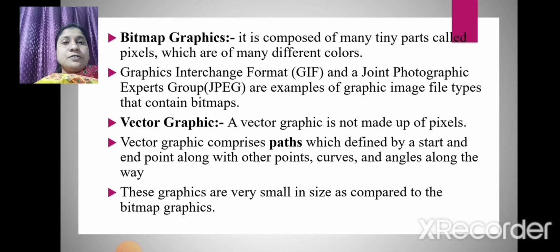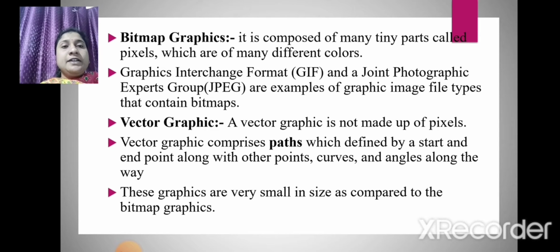GIF, that is Graphics Interchange Format, and JPG, Joint Photographic Experts Group, are examples of graphic image file types that can contain bitmaps. All of you know that we save images in these files.